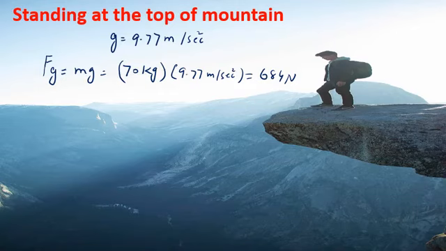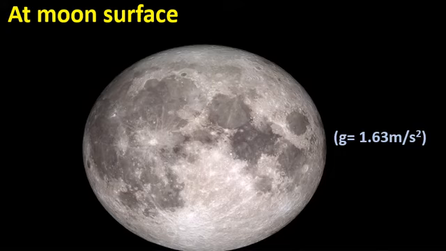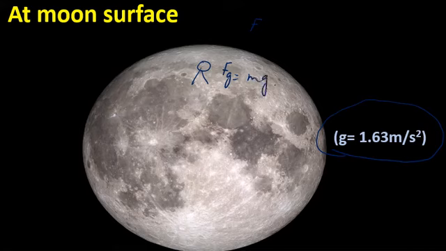So again, we can go to another example. Let's suppose any object which is at the surface of the moon. At the surface of the moon, the value of G is much less than in the other two situations. Here the value of G is 1.63 meters per second squared. So what will be the weight of an object sitting at the surface of the moon? When the object is at the surface of the moon, its weight will be equal to mg.